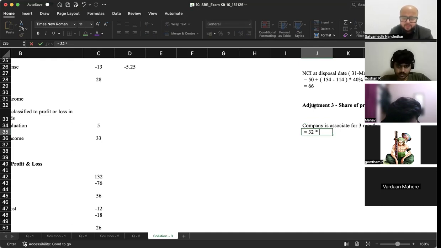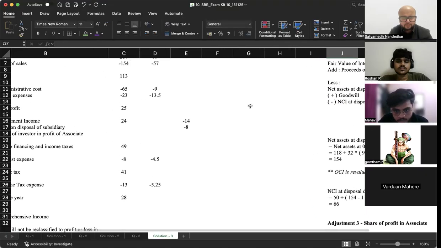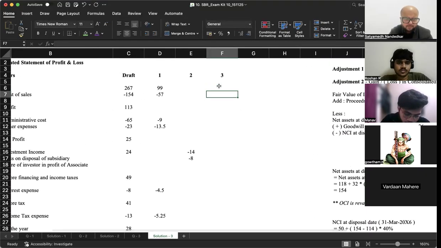So 32 into 3 by 12 into 40%. कितना आता है? 3.2. ठीक है.